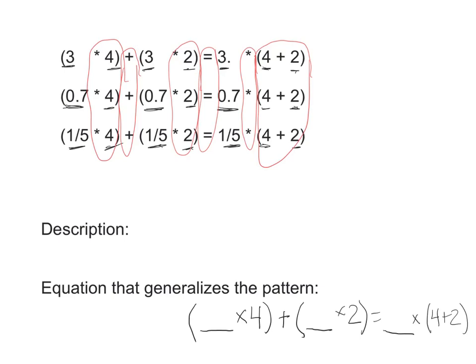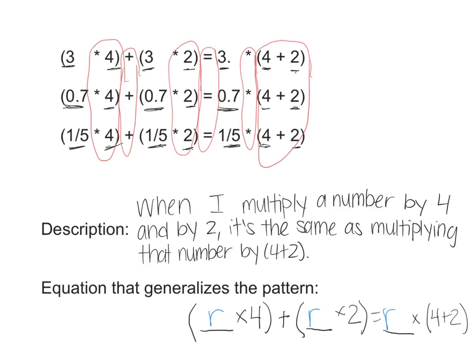Then wherever I have a line, I'm going to write a letter. Let's do R. I'm going to stick with R the whole time. Now I need to write an explanation or a description of this pattern. So what I'm noticing is the same in all 3 equations. So here's the description that I came up with.